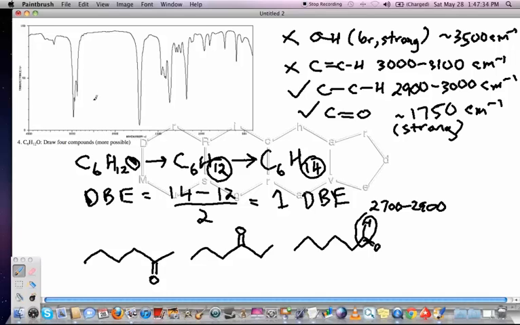So I'm looking here between 2700 and 2900. There really isn't anything going on. We're usually looking for 2 peaks that come down and look like this, and there really isn't anything there. So I'm going to say that there probably are no aldehydes present in this particular structure. Alright, let's get rid of that.